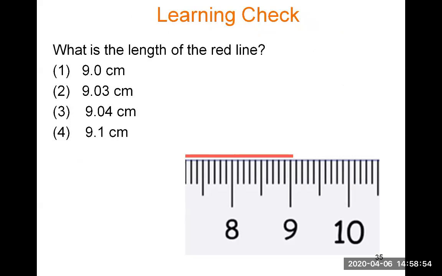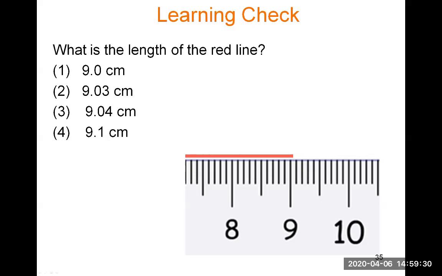The ruler is in centimeters here. We have 8 centimeters, 9 centimeters, and then 10. We see that the red line is past 9 centimeters, but it's before the next line. So you can write that it's 9 for sure. And it's between 9.0 and 9.1, because the first black line that comes after the end of your object is 9.1.